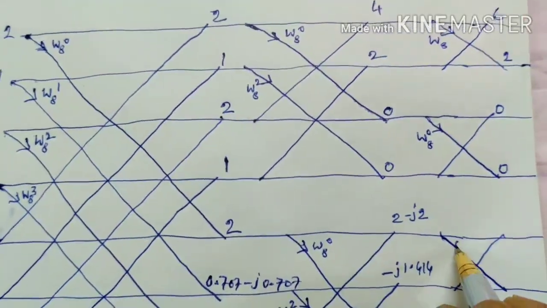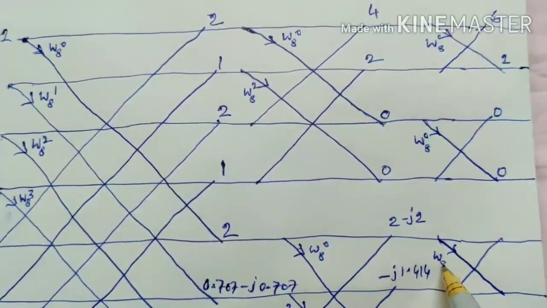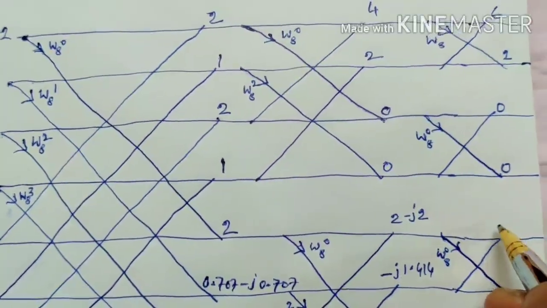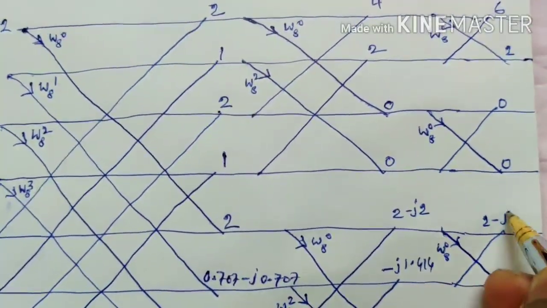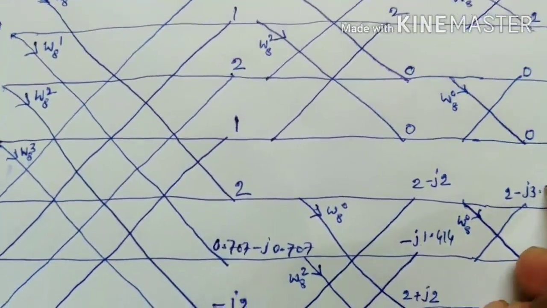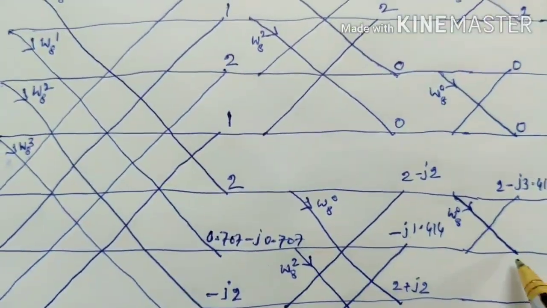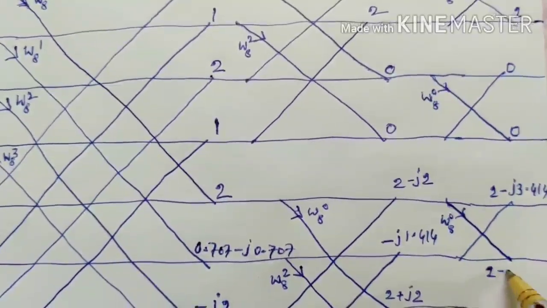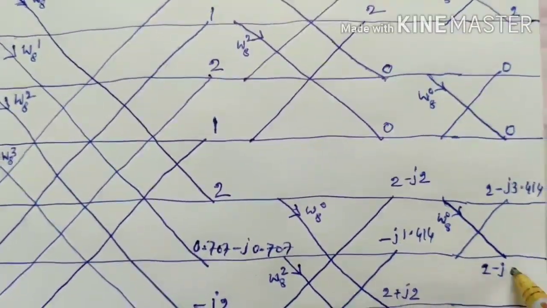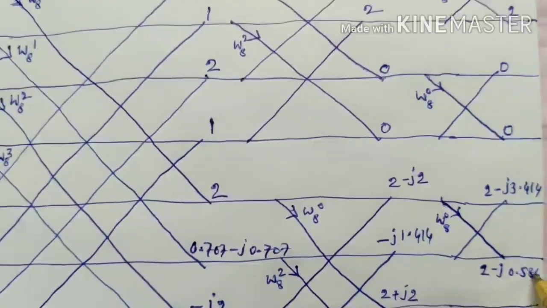Similarly with omega 8^0, that value will be 2 minus j 3.414, and that value will be 2 minus j 0.586.